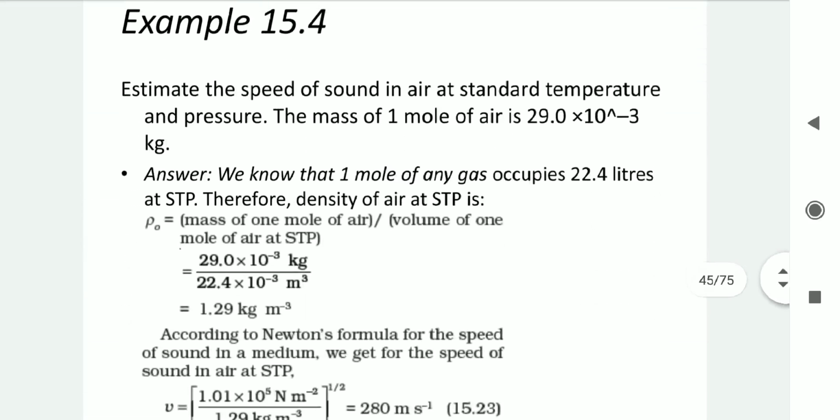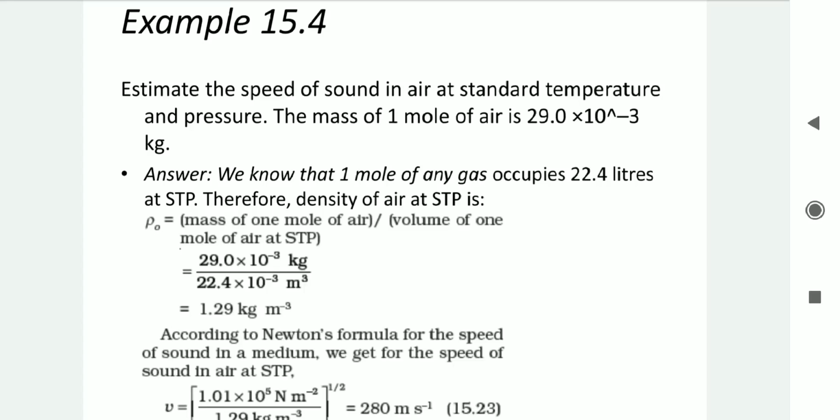Estimate the speed of sound in air at standard temperature and pressure. The mass of 1 mole of air is 29 into 10 raised to minus 3 kilogram. Now 1 mole of gas will occupy 22.4 liters.